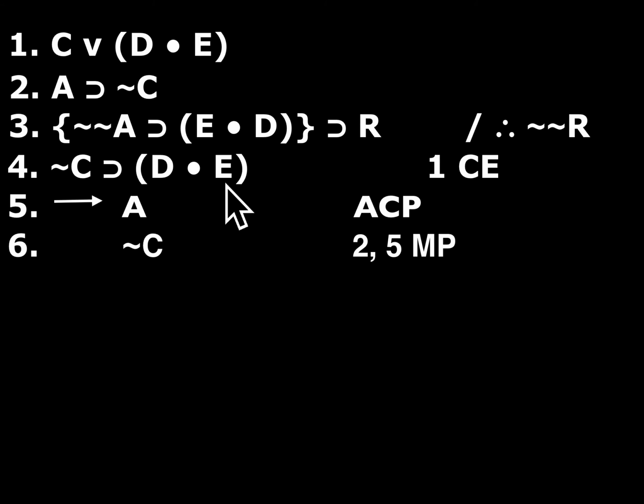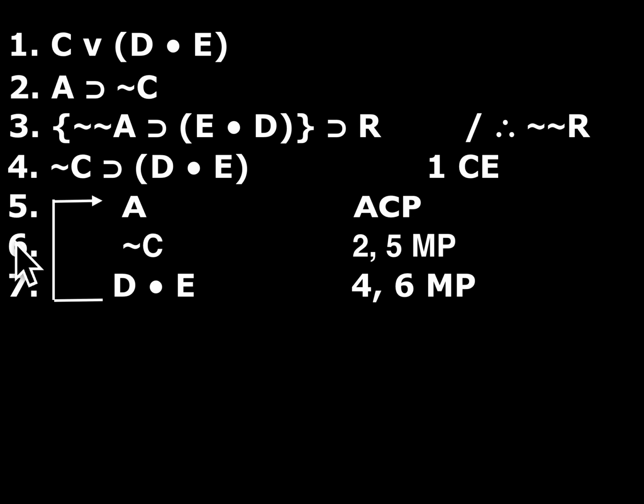So I can get not C by modus ponens on 2 and 5. Now that I have not C, I can get D and E by modus ponens on 6 and 4. Of course, I didn't have to do line 4 at all, as a matter of fact, because at this point, if I just had not C, I could have gotten D and E by disjunctive syllogism.